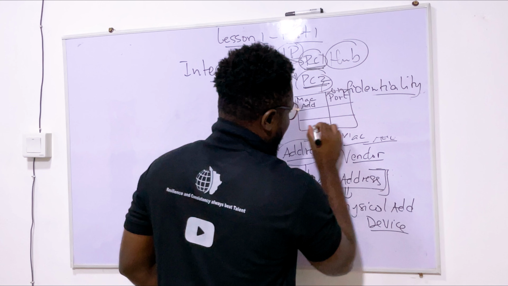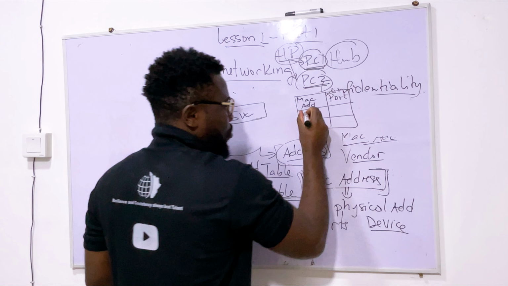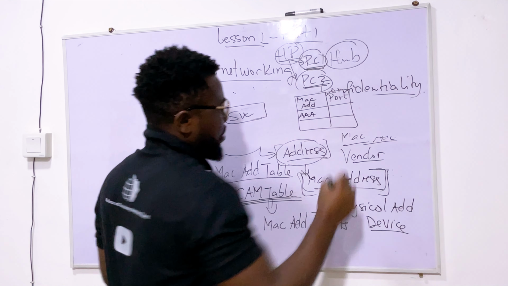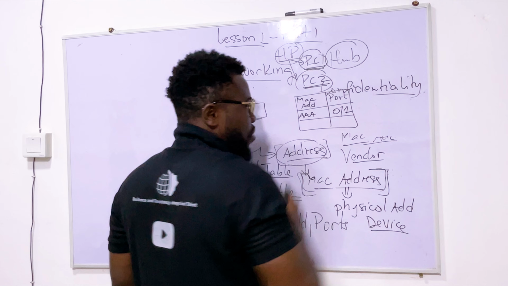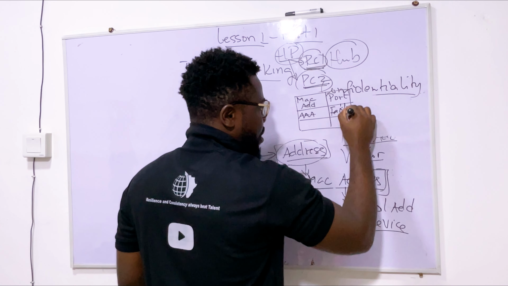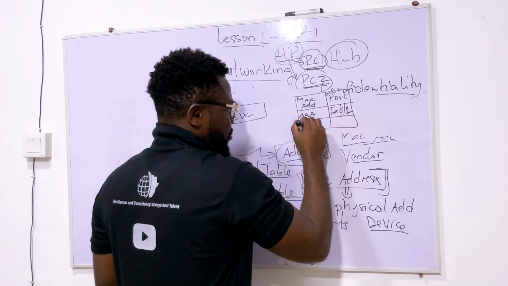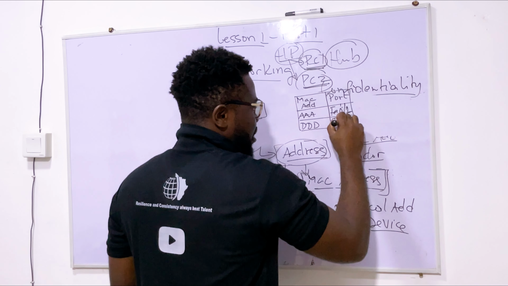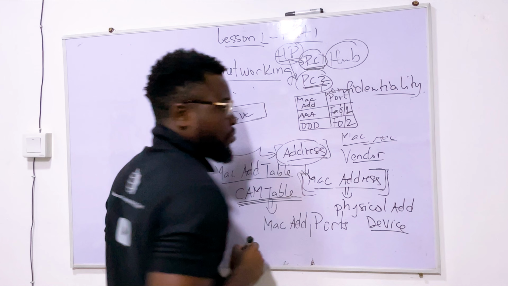So we have something like this. Meaning here we'll have maybe AAA as a MAC address, and here it will be 01, let's say FastEthernet 01. Here we have maybe DDD, and here we have Fast 02.